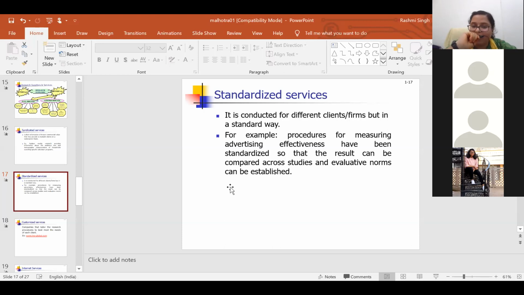Obviously students have a different kind of stress and your parents have a different kind of stress. At your level you might have your career stress or your academic stress, but your parents have different kind of stress. So you cannot measure both the stresses with some standard questionnaire or some standard set of questions. But standardized services will do it in a standard way. They will not do any changes as per your requirement.